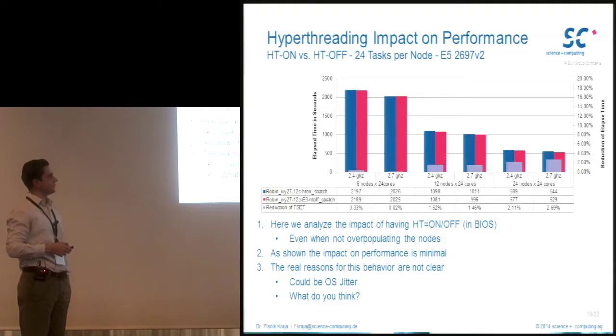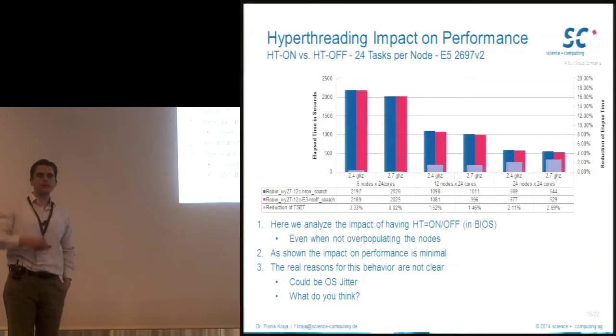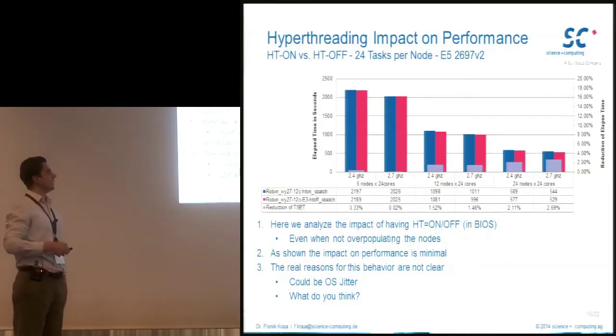So let's go to this one, because here the impact is much bigger. In this test, I have 24 nodes and 24 tasks per node. I run tests on this node, which has a 12-core CPU, but hyperthreading is on. And I run tests on this node with 12 cores where hyperthreading is off.